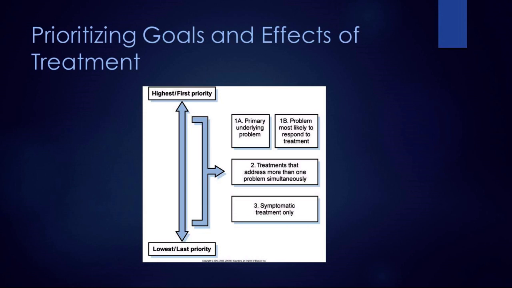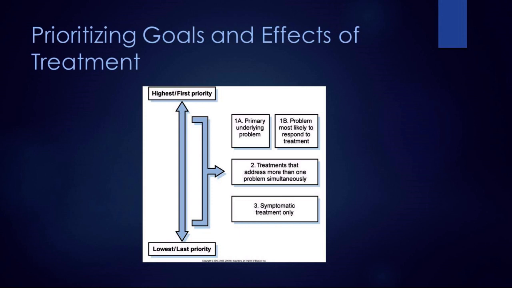The other higher priority thing is a problem that's most likely to respond to treatment. So frequently we get people referred to PT because they have an issue that is likely to respond to the type of treatments that we are going to do for them. So improving range of motion, addressing pain, people with motion restriction in tissues with a lot of collagen, sure, we can affect that collagen extensibility.